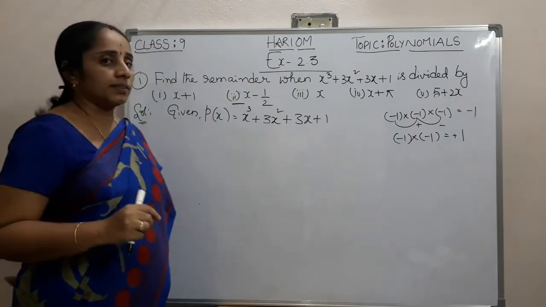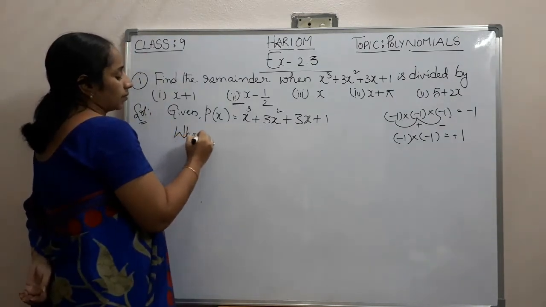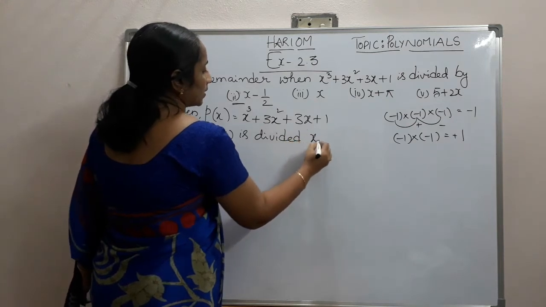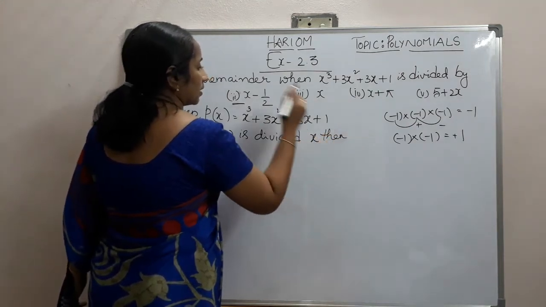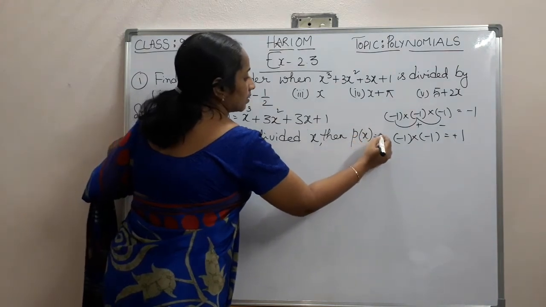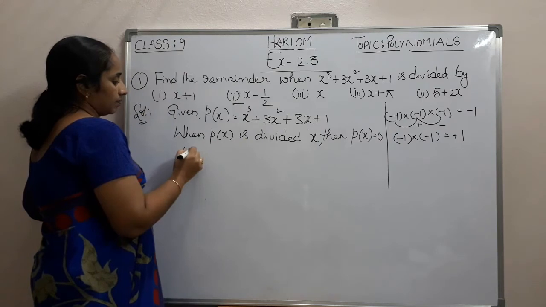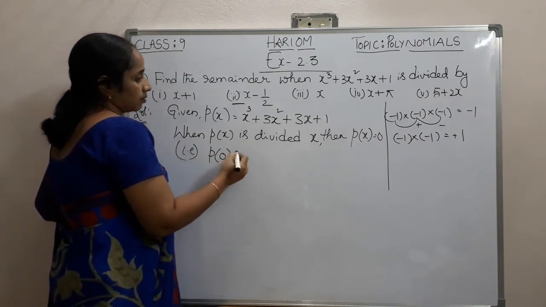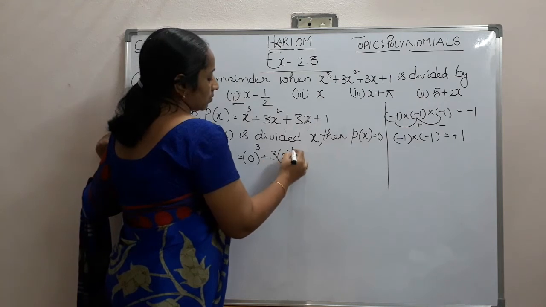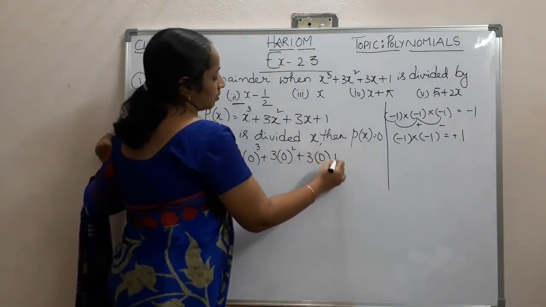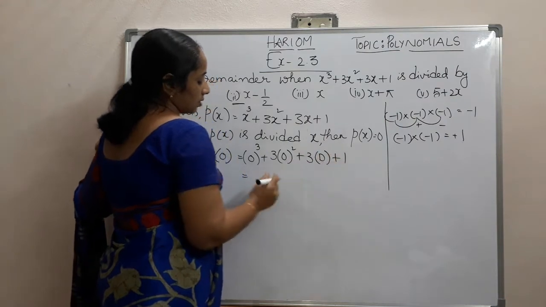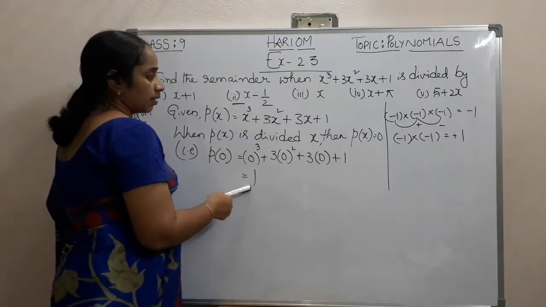Here in this problem, when p of x is divided by x, then p of 0 is equal to 0 whole cube plus 3 into 0 whole square plus 3 into 0 plus 1. 0 cube 0, 3 into 0 square 0, 3 into 0 0, it is 1. So 1 is the remainder.